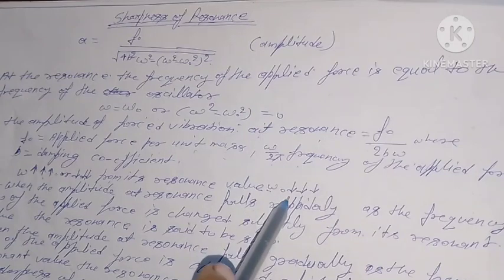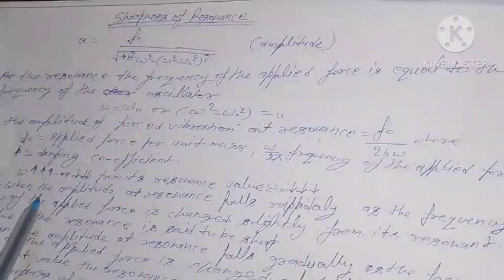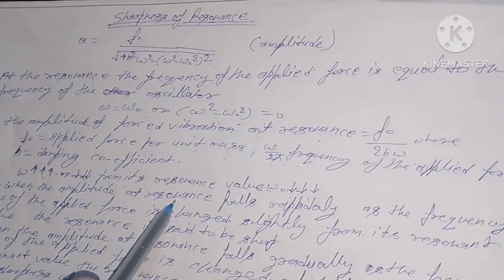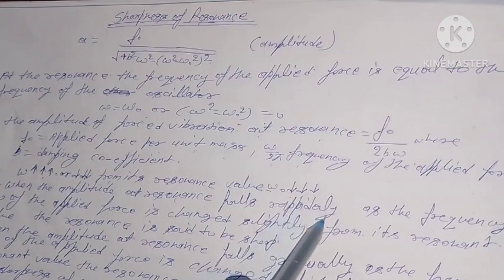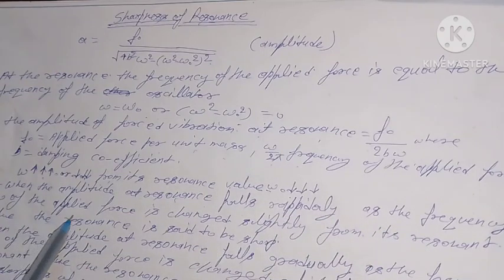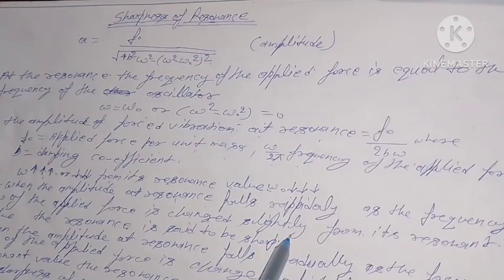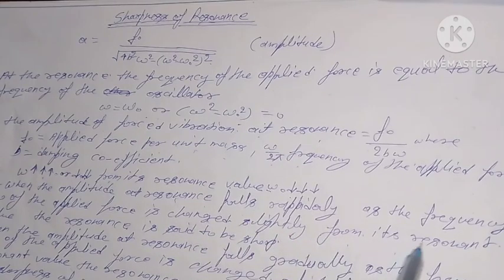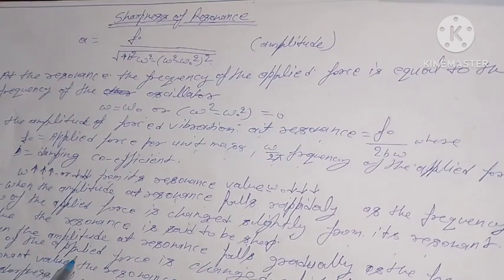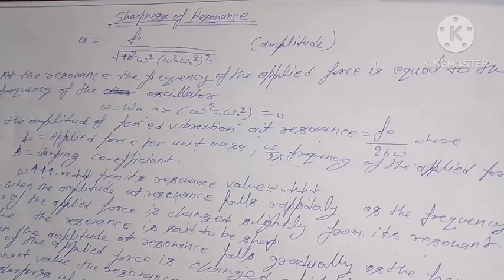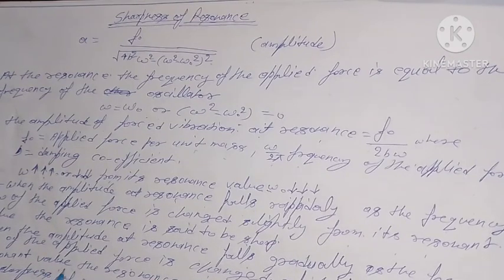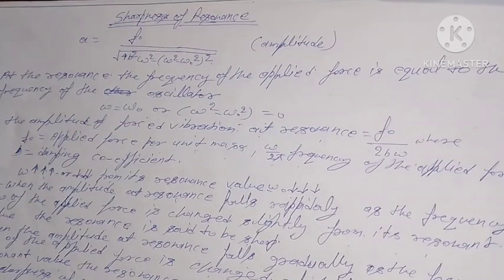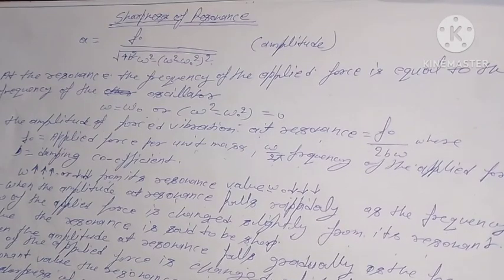When the amplitude at resonance falls rapidly as the frequency omega of the applied force is changed slightly from its resonant value, the resonance is said to be sharp. When the amplitude at resonance falls gradually as the frequency omega is changed slightly from its resonance value, the resonance is said to be flat. The sharpness of resonance depends upon damping.